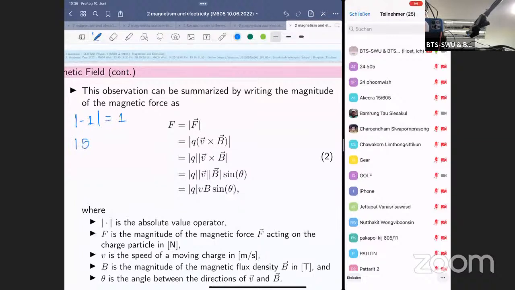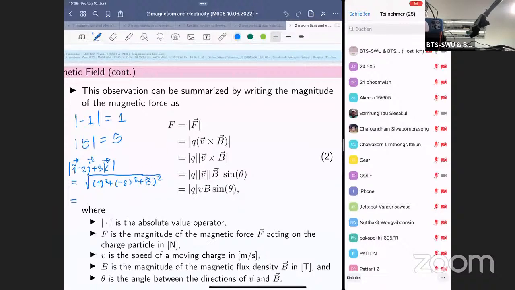Absolute value of 5 will be, of course, 5, and absolute value of i minus 2j plus 3k, what is that? It's going to be a square root, right? It will be the square root of 1 squared plus -2 squared plus 3 squared, right?